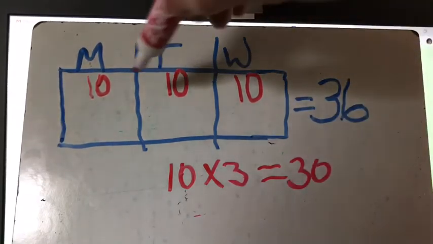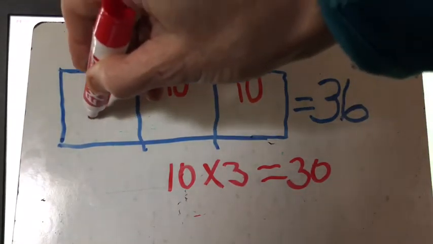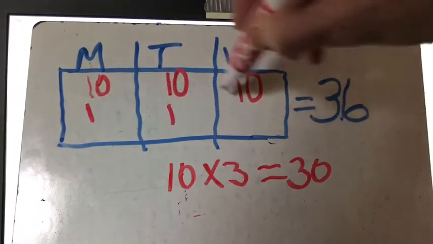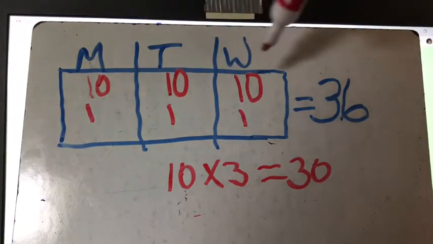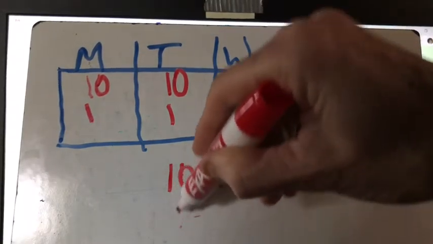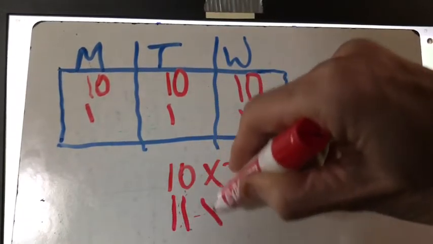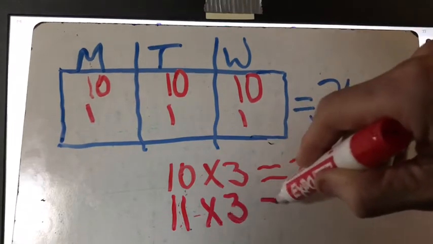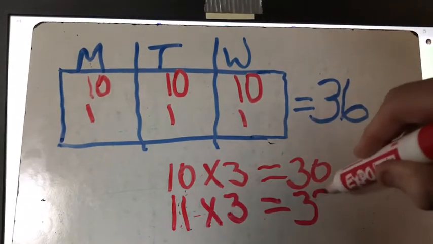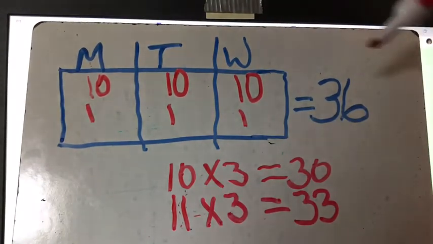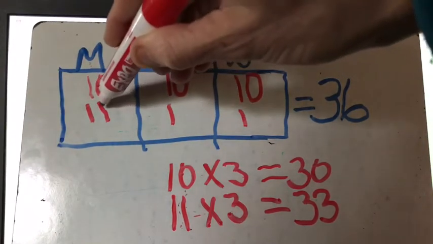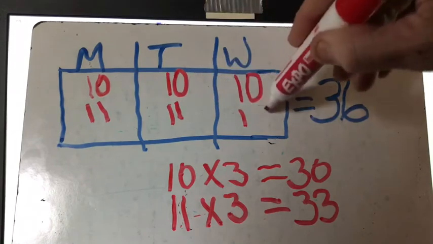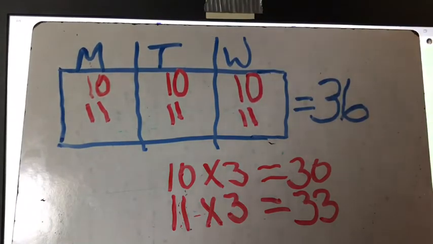So now I can add another one in, so 31, 32, 33. So now I have 11 in each box. 11 times 3 equals 33. So I'm almost there. I can add one more in each box. That's 34, 35, 36.